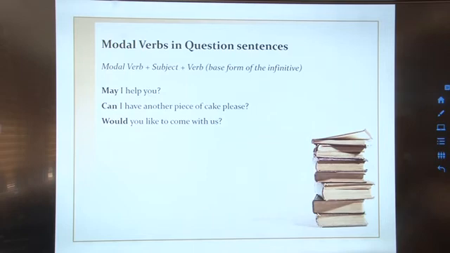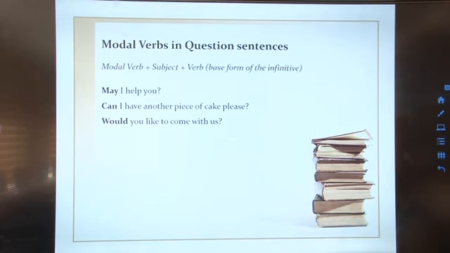Or we can write the main verb. For example, may I help you? Here first we write a modal verb, next a pronoun or subject, and next help.